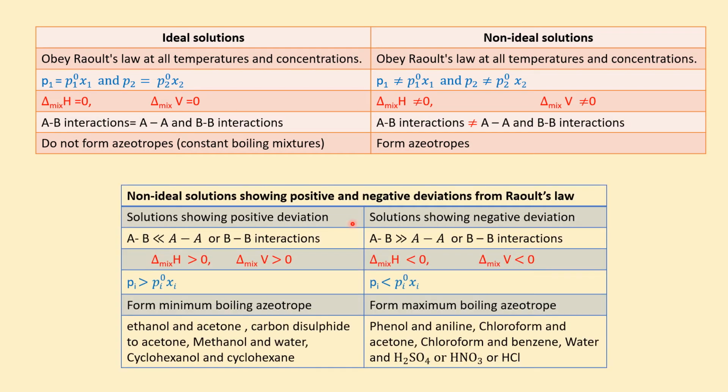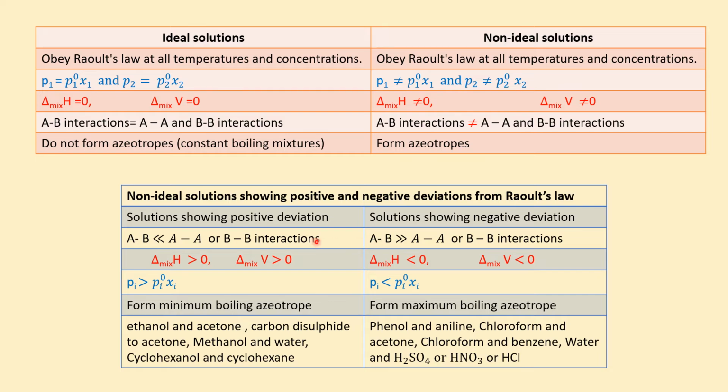Next we will take up non-ideal solutions showing positive and negative deviations from Raoult's law. These are all non-ideal solutions, but as you have seen, there are positive deviations and negative deviations from Raoult's law, and you have seen the graphs already.